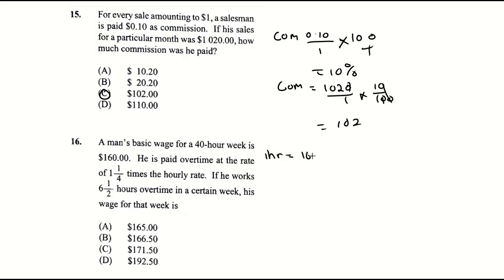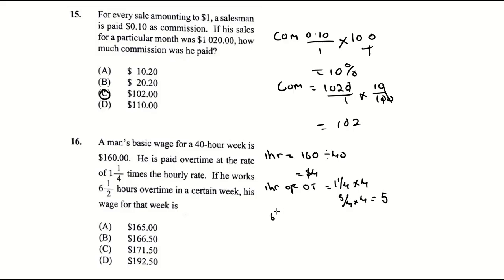That is 160, his total wage, divided by 40, which is $4 for 1 hour. So 1 hour of overtime is going to be 1 1/4 multiplied by 4, which is 5 over 4 multiplied by 4. So 1 hour of overtime, he's earning $5.